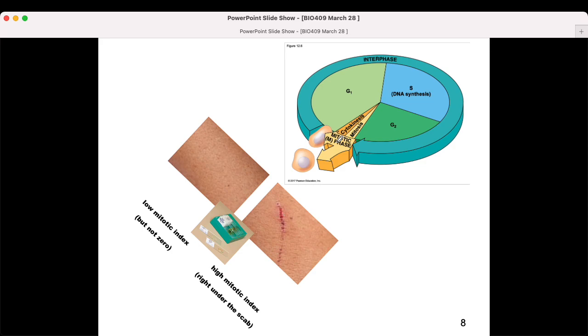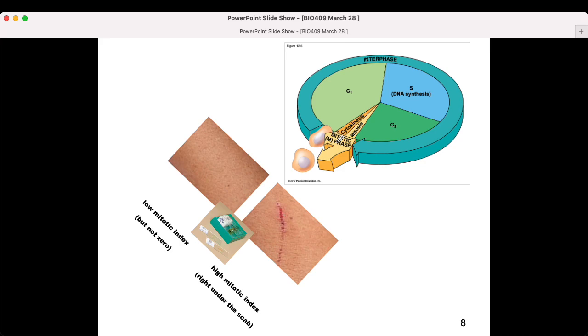Okay. So what we want to take out of that is especially this mitotic index. I just made a little image of this to show that in normal skin, when we measure the mitotic index, there's a low mitotic index, but it's not 0. The mitotic index in the brain is 0, because those cells are arrested, permanently differentiated.